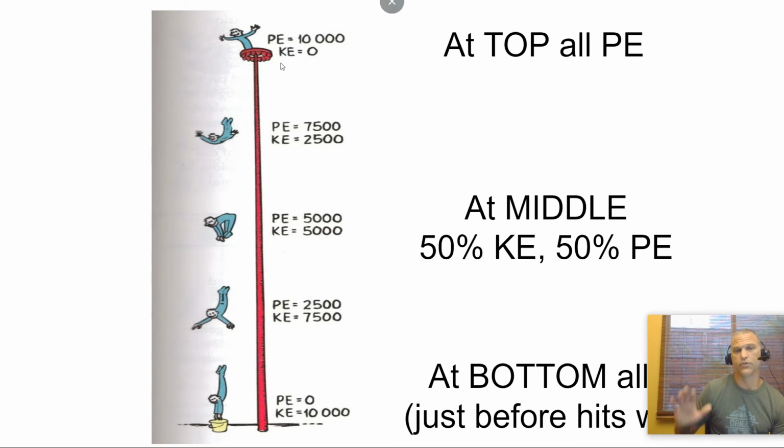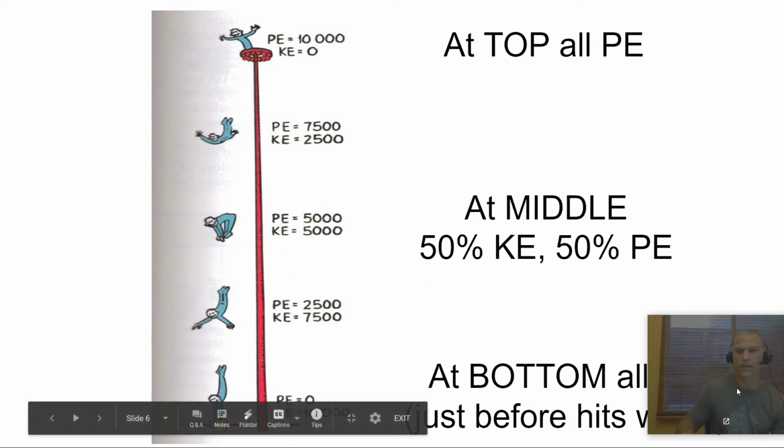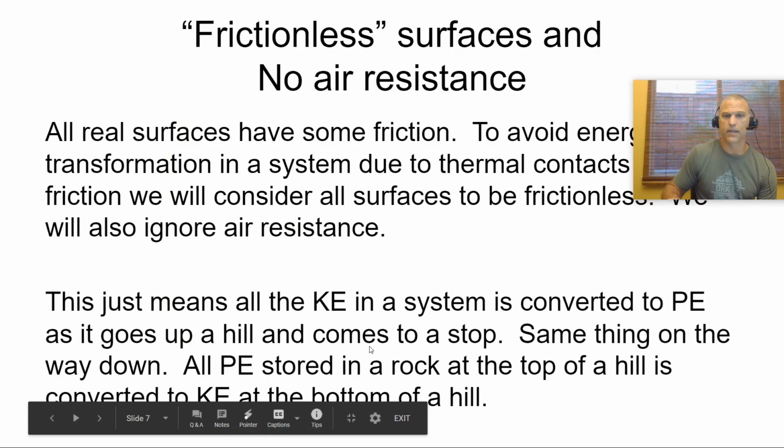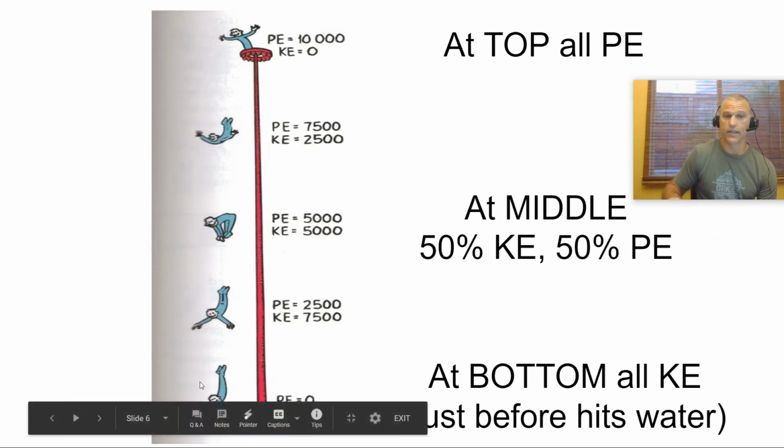And again, that number is just for this system. He has no kinetic because he's not moving. As he falls down a quarter of the way, you'll see 25% is kinetic, 75% is potential. And then in the middle, the energy is shared 50-50. And then at the bottom, the energy is again all converted to kinetic. And this is just before he hits the water.